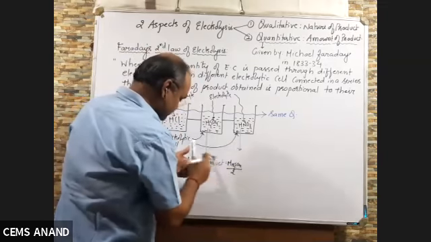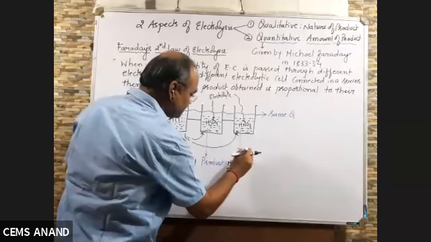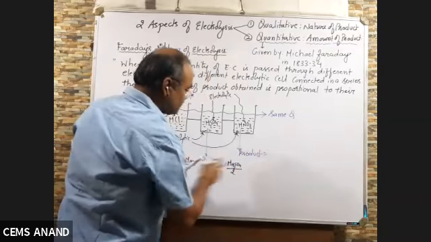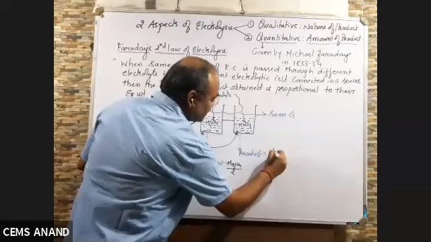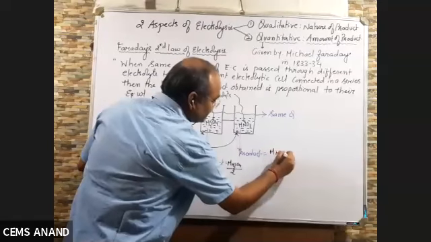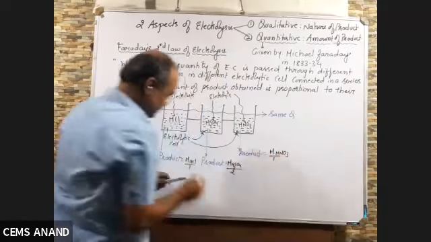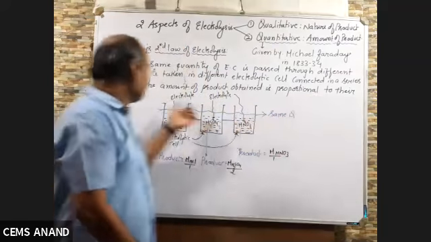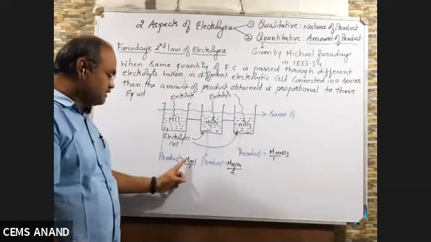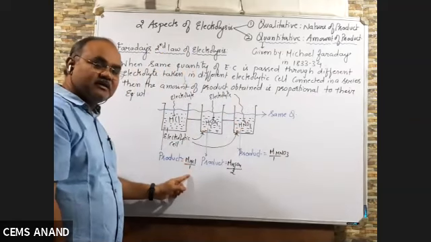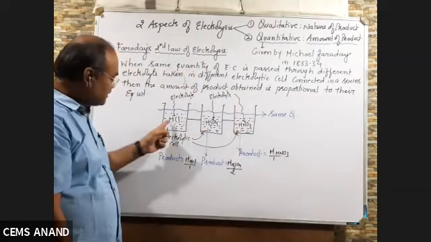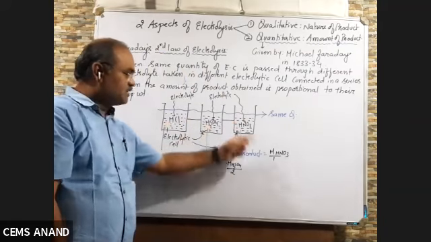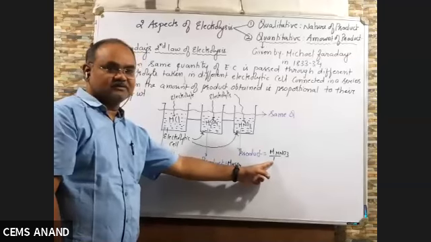And here molecular weight of HNO3 divided by 1. Because equivalent weight is molecular weight divided by n factor. Number of replaceable H is 1, here 2, and here 1.